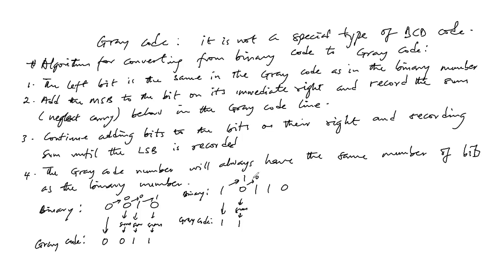Then we move the 0 here, 0 plus 1, so the sum is 1. Then we move the 1 here. 1 plus 1 is 2. 2 divided by 2 is 1 remainder 0. So we document the remainder here, which is 0, and then we carry the 1 and drop it. Then 1 moves here, 1 plus 0 is the sum.